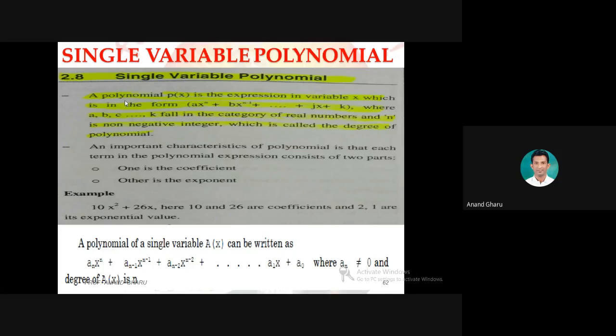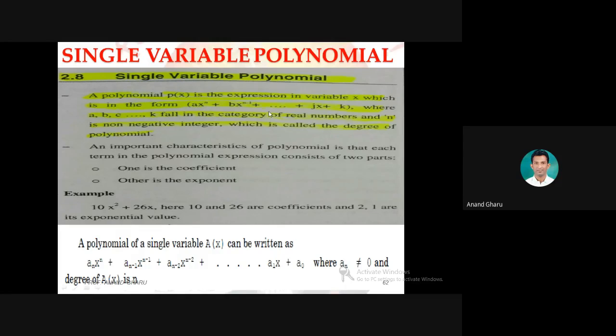Did you understand the definition? I will repeat. Polynomial denoted by p of x is an expression in variable x which is represented as ax raised to n plus bx raised to n minus 1 plus cx raised to n minus 2 and so on, where the base part is the coefficient and the raised to part is the exponent.